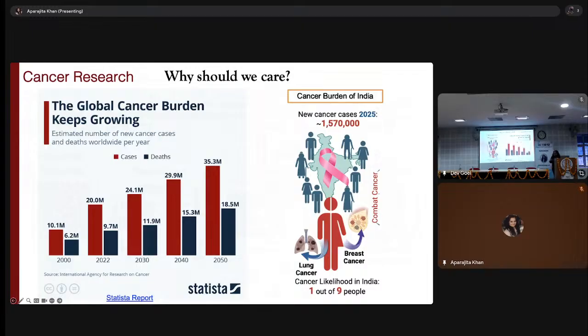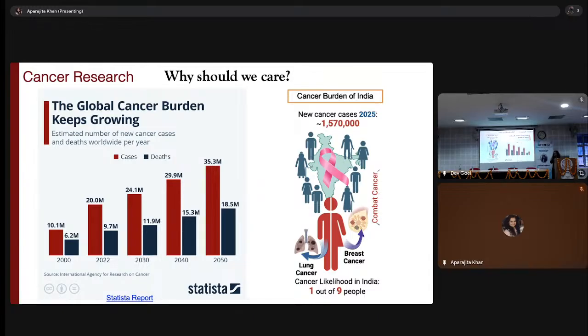A lot of this proportion is added by India. Although cancer is not the most highly incident disease in India, a lot of the global cancer burden is contributed from India because of our huge population. For example, almost 1.5 million new cancer cases were diagnosed in 2025, and the likelihood of cancer incidence in India is almost 1 in 9 people, with breast and lung cancer the most prominent.